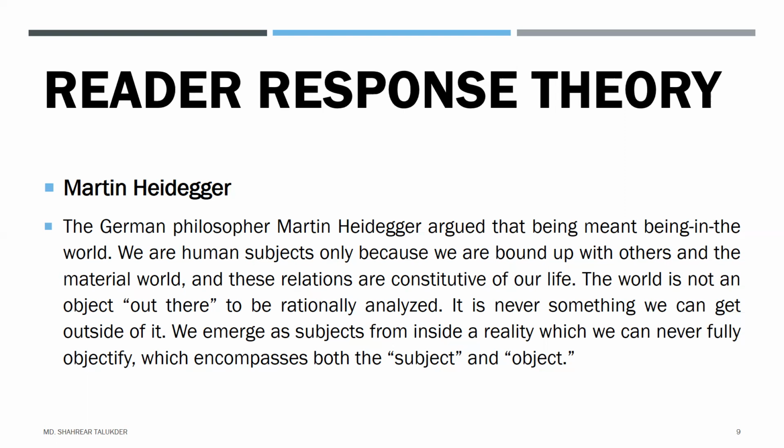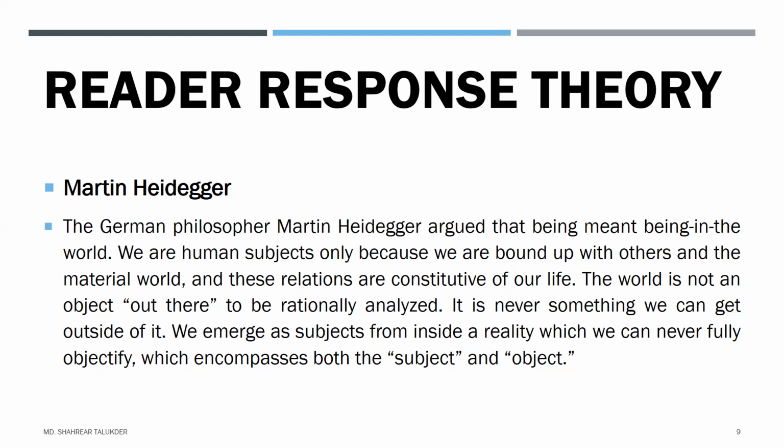We emerge as subjects. That means we, the human beings, are the subjects. We emerge as subjects from inside a reality which we can never fully objectify, which encompasses both the subject and object. The material world and the human beings, they encompass the whole thing, the reality.